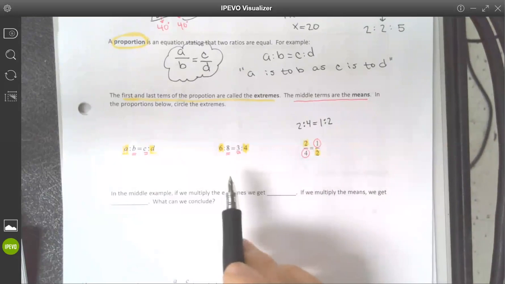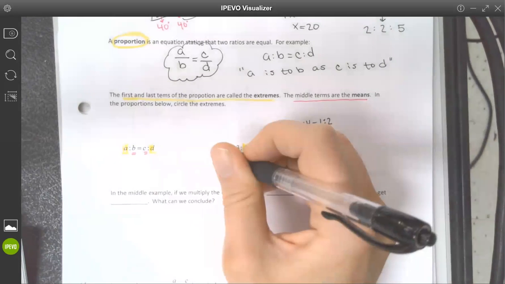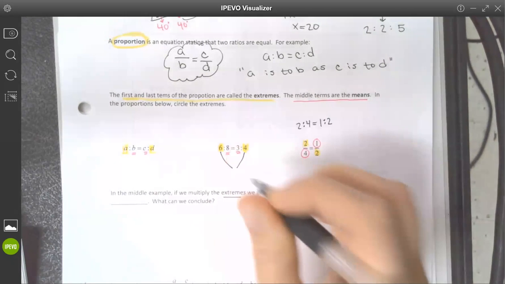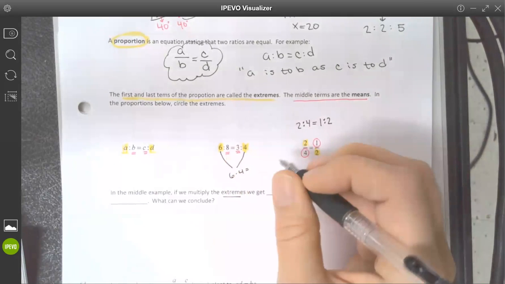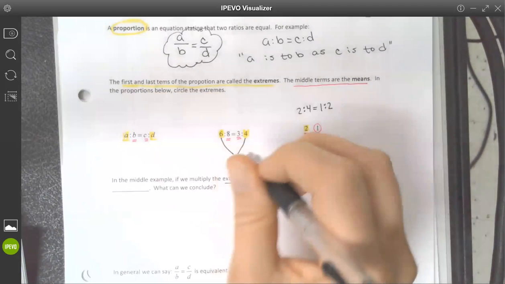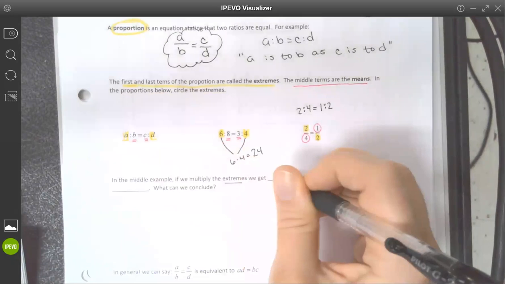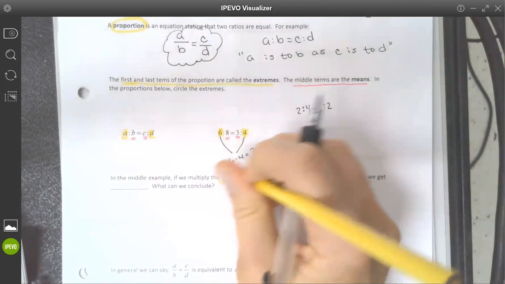We're going to look at our middle example. In our middle example, if we multiply the extremes, what do we get? 6 times 4 equals 24. Extremes, the guys in yellow here.